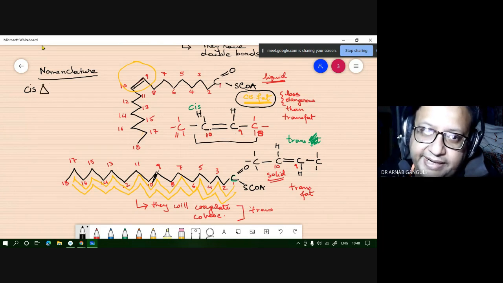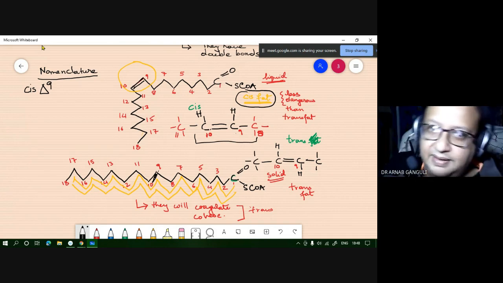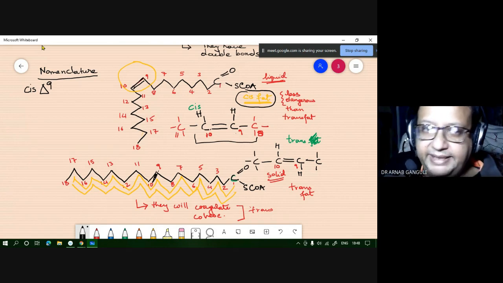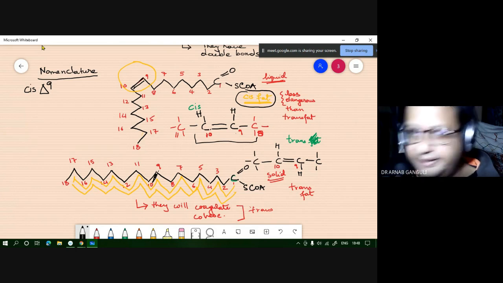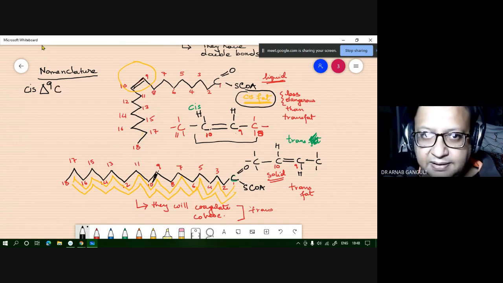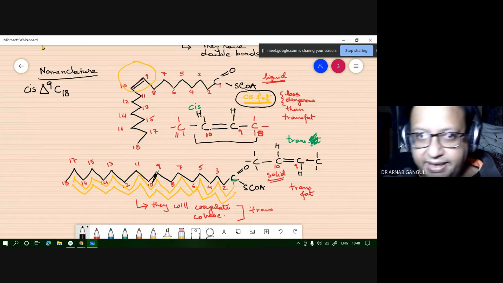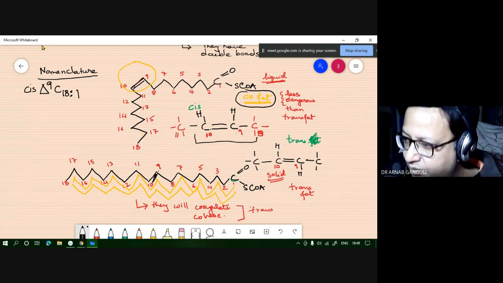Therefore, it is written delta, delta is for double bond, delta 9, because the double bond starts from the ninth carbon. And how many carbons are there? 18. C18. And how many double bonds are there? One double bond is there.